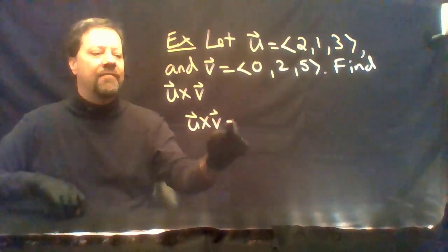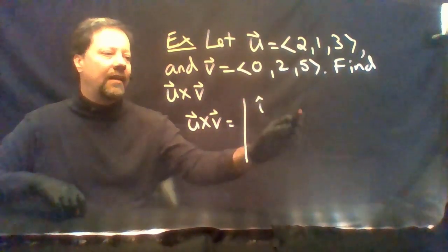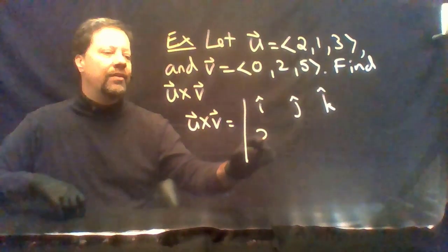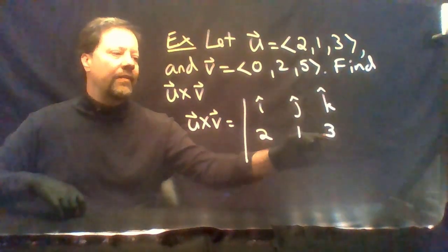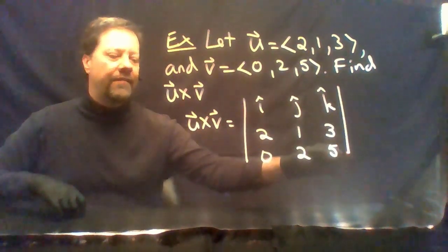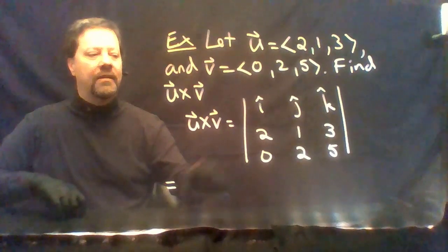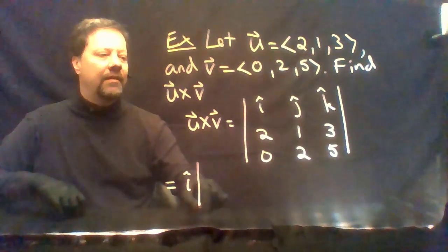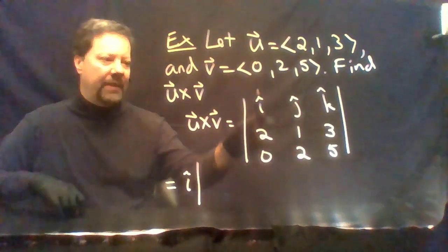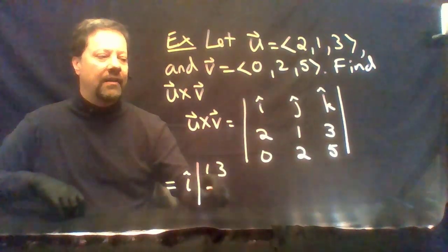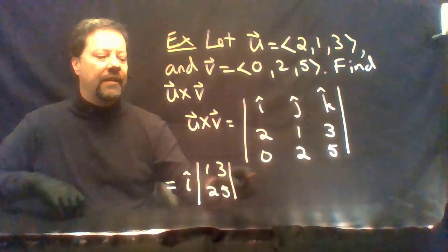u cross v is i, j, k, 2, 1, 3, 0, 2, 5. That's going to be plus i times the determinant that you get by crossing out the first column and row. That leaves 1, 3, 2, 5.